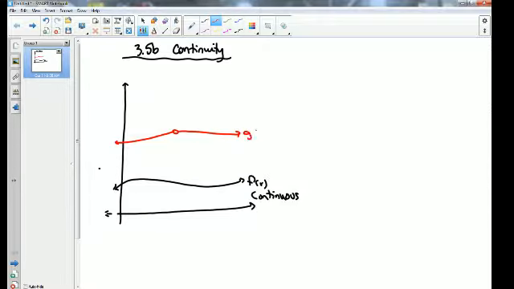This one was not continuous, right? Okay, why was it not continuous? Point discontinuity, right?